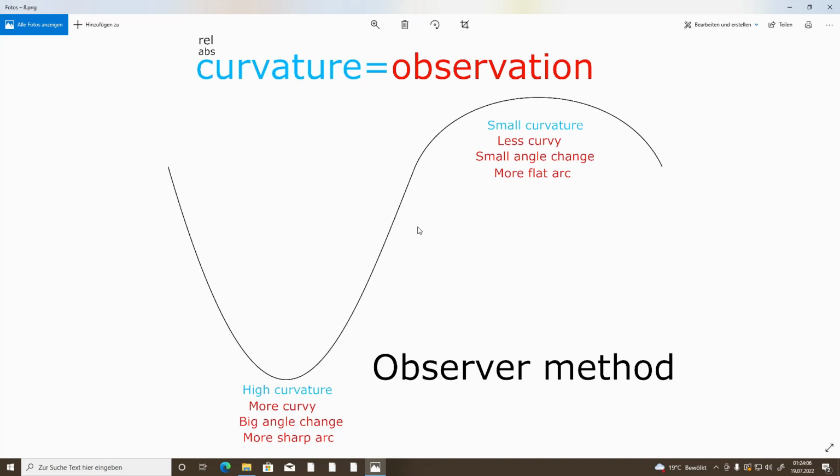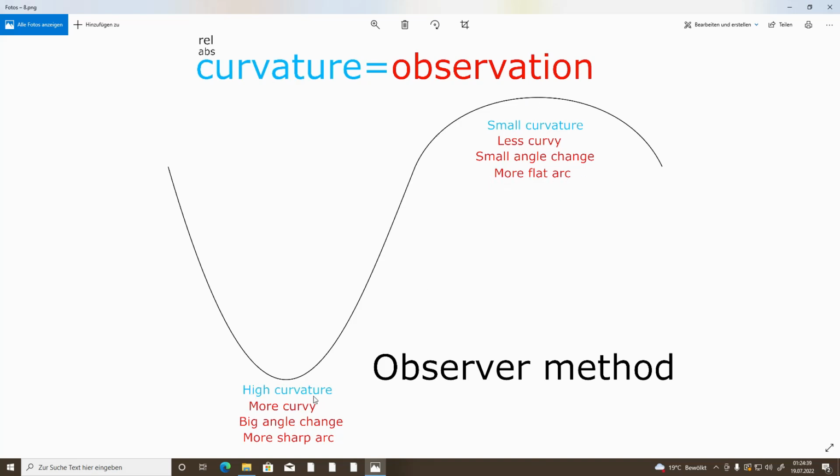So now for discussing these principles, we start with methods. The first method is the observer method. It's not mathematical in itself, but it has the same principles. So if there is small curvature, it's less curvy, small angle change per length, and more flat arc.